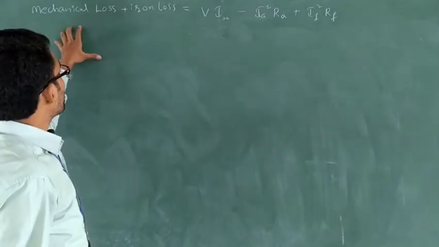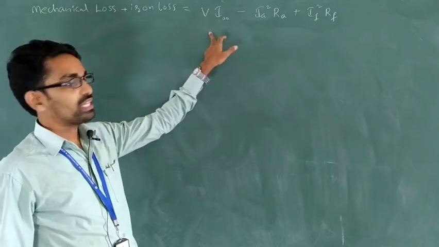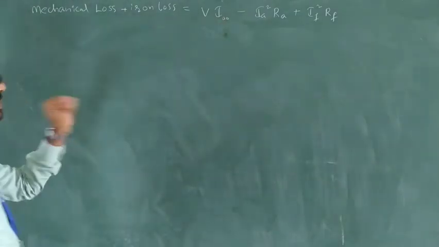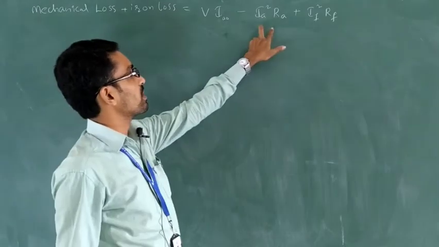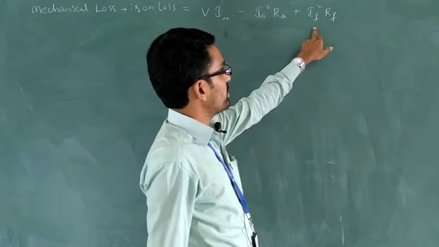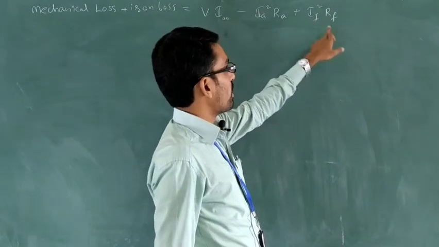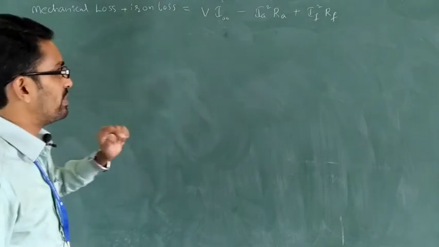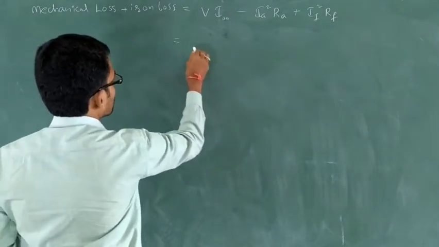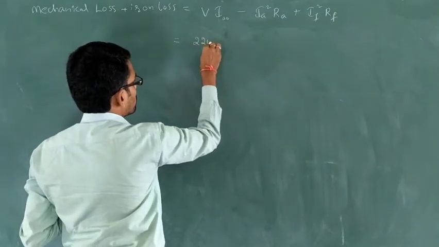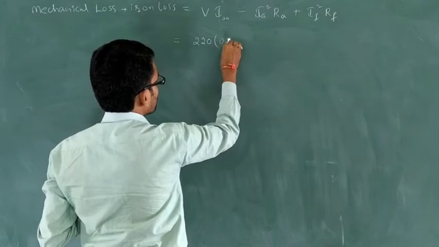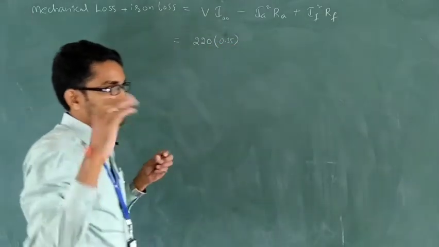So here mechanical loss plus iron loss is equal to V into Ia naught, that is the armature input, minus the armature copper loss, Ia square Ra, plus If square Rf, the field copper loss. Field copper loss is If square Rf. If I substitute those values, the voltage is 220 volts, and Ia naught is 0.35, which we got from the first table.